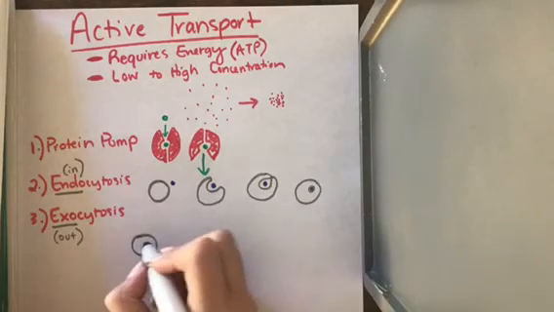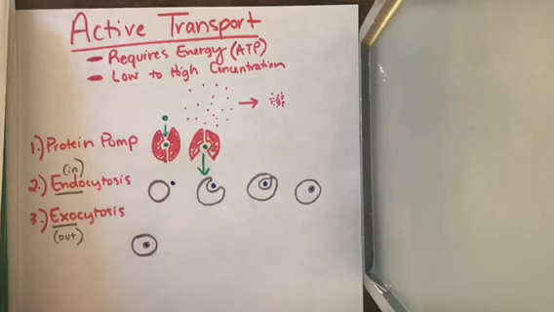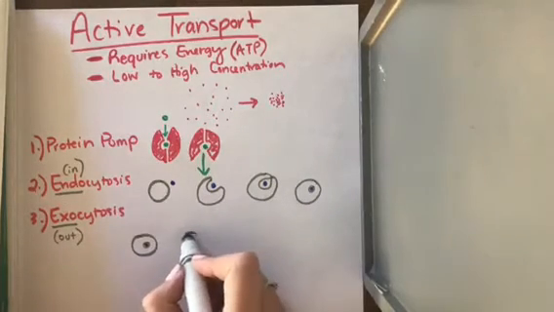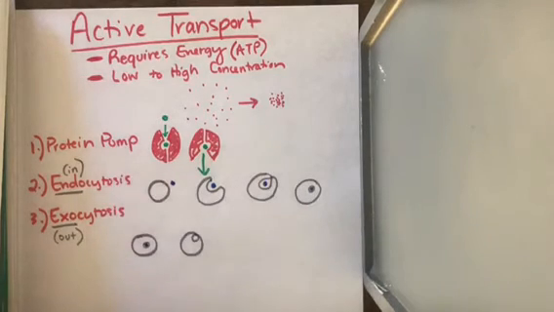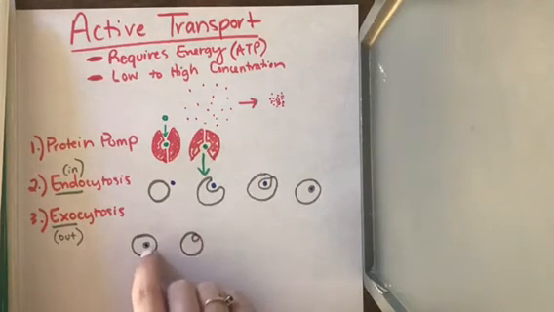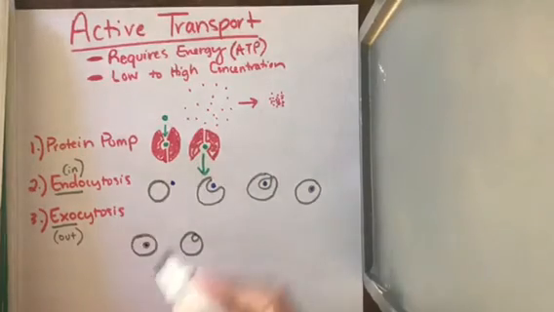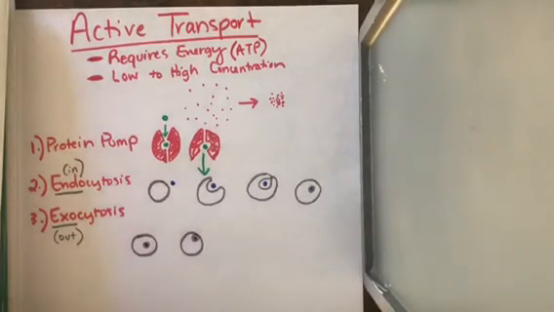And then here's some brown, I'll do brown. This is some waste material that we want to leave the cell. So what's going to happen is this vesicle right here in the middle is going to merge with the cell membrane.